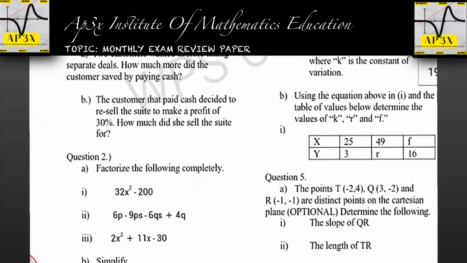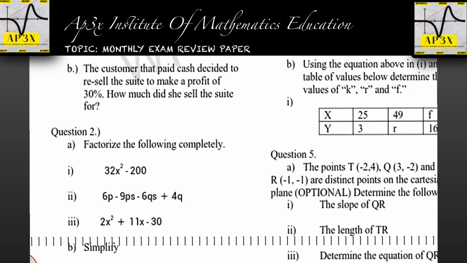Now, part B here says that the customer that paid cash decided to resell the suite to make a profit of 30% on her money. So how much did she sell the suite for? So obviously the customer paid $45,920 because of course the deal was that if she paid cash, she'd pay 18% less than the original.